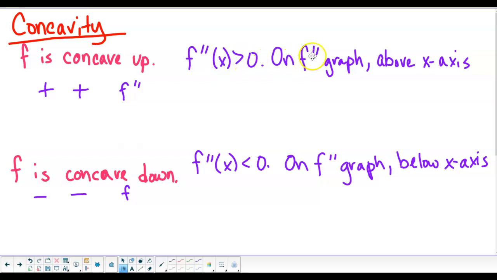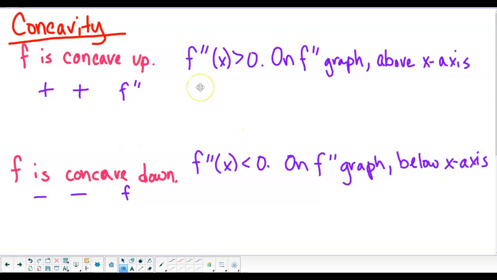And on the graph of f double prime, the points would be above the x-axis. F is concave down when the second derivative is negative. And on the graph of f double prime, all the points would lie below the x-axis.